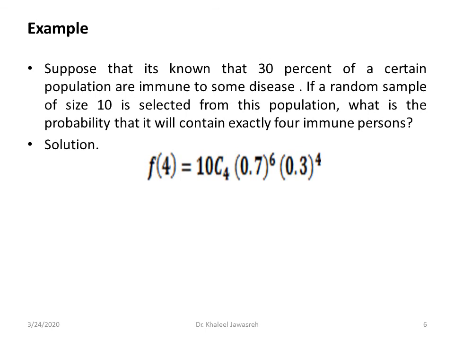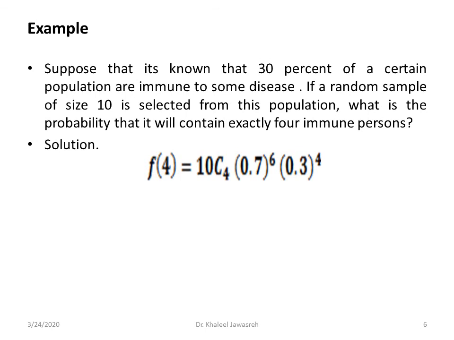So 1 minus 0.3 will yield 0.7. This is the q. You don't need to write this down in your notes. 0.7 came from 1 minus 0.3, where 0.3 is the 30% of the population that are immune. 0.7 is the q, and 0.3 is the p.